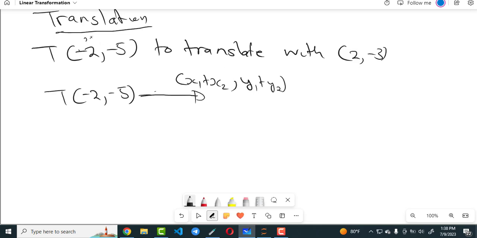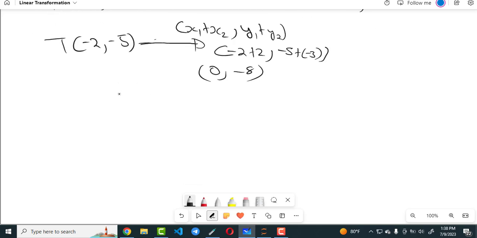So this will be our x1, this will be our y1, this will be our x2, this will be our y2. So we are just adding these according to the coordinates. So it will be mapped to -2 plus 2 and -5 plus -3. And this will give us 0 and -8 here.